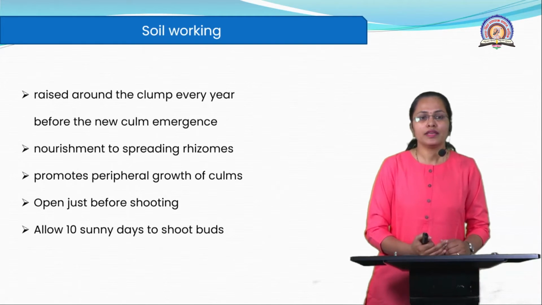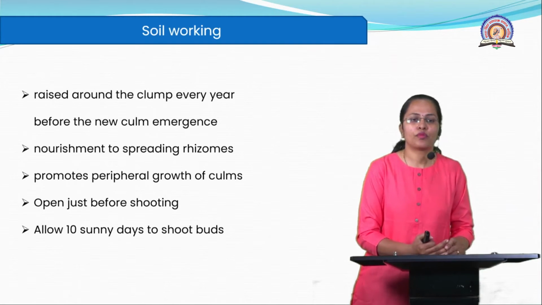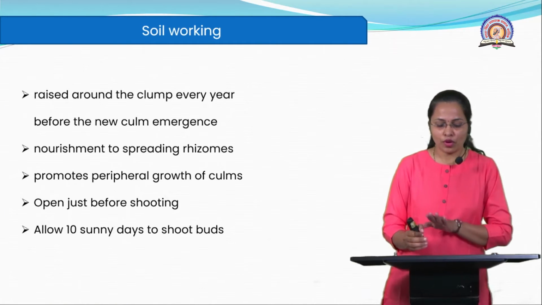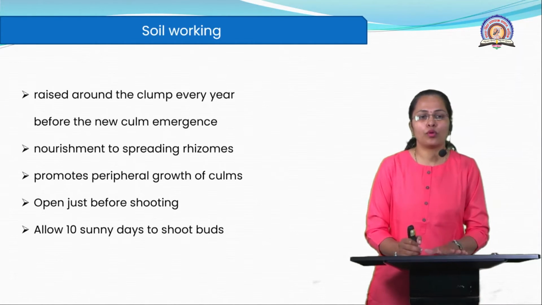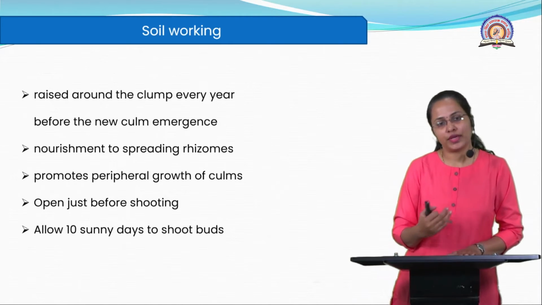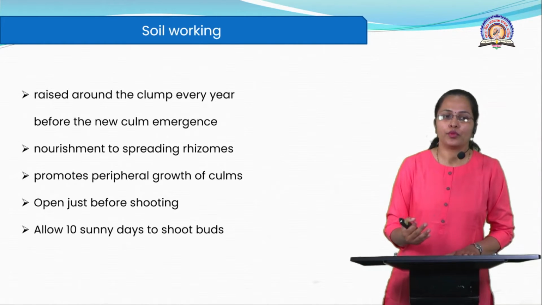This soil is very important for shooting also, and therefore we have to always maintain an open, loose soil over the bamboo clump in order to get more and more production.